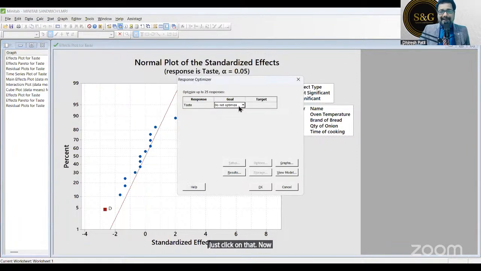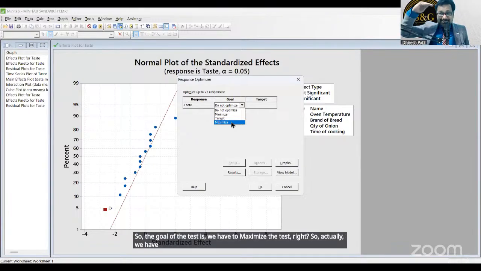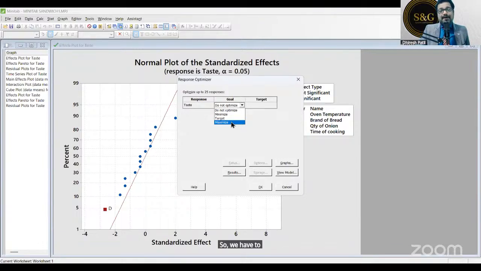Now, the test and the goal here. The goal of the test is that we have to maximize the test, right? We have to maximize the test. So, we have to select maximize here and click on OK.